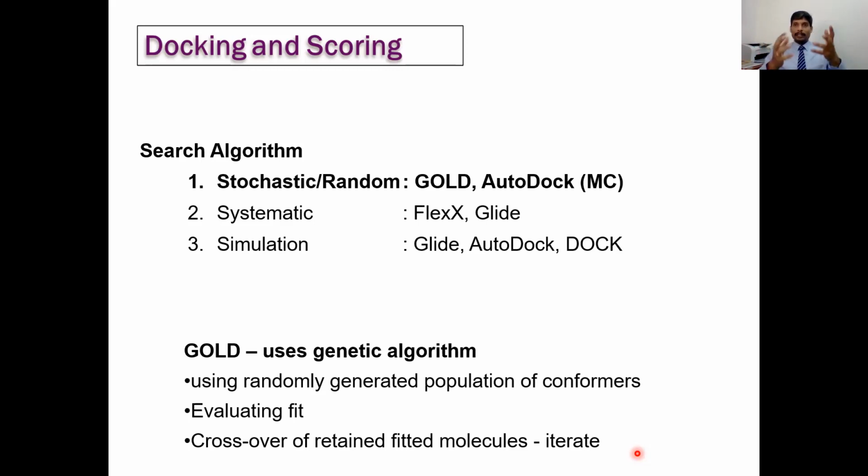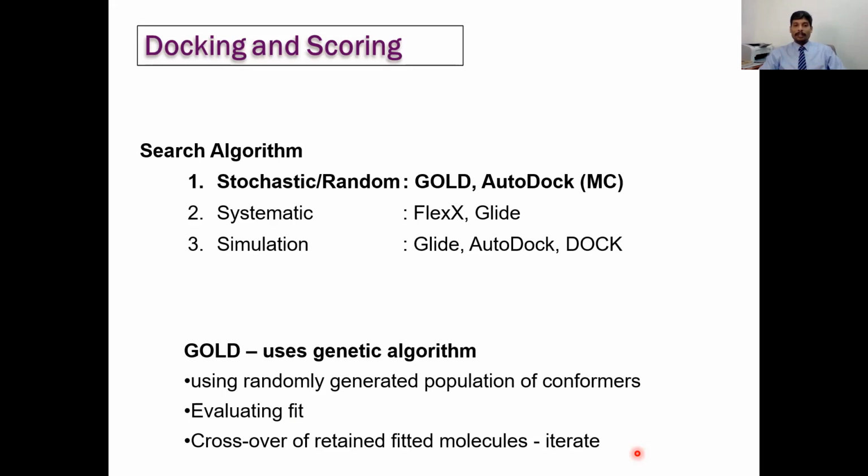Just like your chromosome, you see the p arm and q arm. Half of it may be from the first structure and half from the second structure. It will try to make the hybrid and again search for it. So it keeps taking the best of the best.